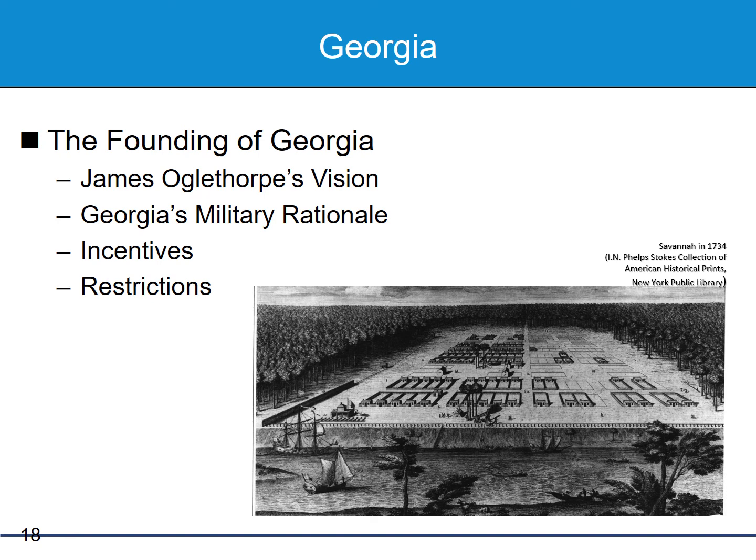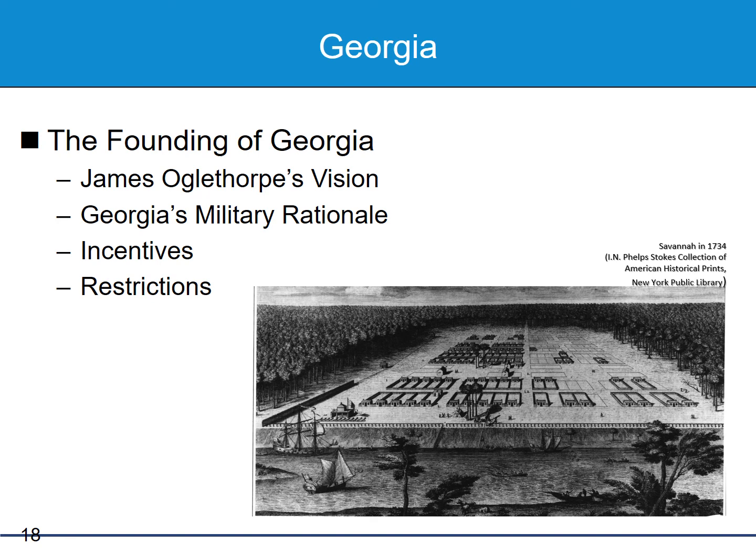James Oglethorpe and the investors that he represented envisioned Georgia as being a buffer zone between South Carolina, which was becoming a very prosperous colony, and the Spanish colony of Florida. And so Georgia had this military rationale by creating this buffer zone to protect South Carolina.